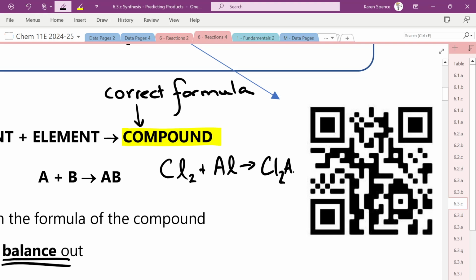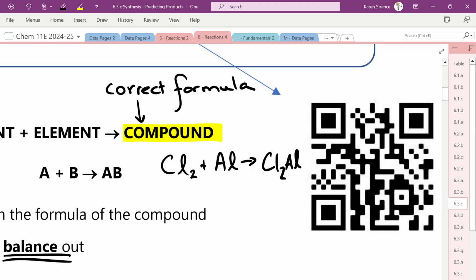Cl2 Al. Do we like that as an answer? No. What's wrong with it? Chlorine is first. Chlorine has to go second because the metal has to go first.